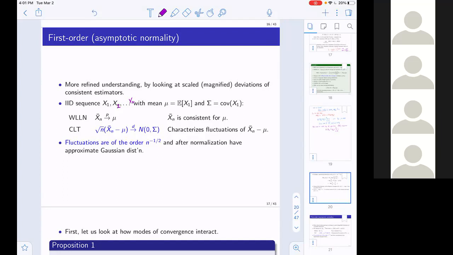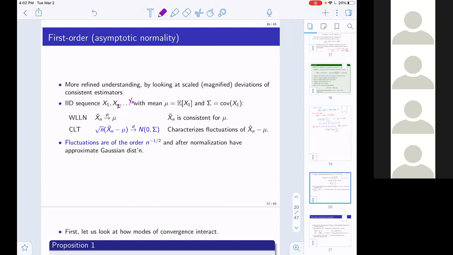What happens is that if you properly rescale the error, if you multiply by a small number, the result still goes to 0. If you multiply by a very big number, the result goes to infinity. If you multiply it by just the right number, the fluctuations stabilize in the sense that they neither go to 0 nor to infinity, but just fluctuate around 0. And this is the restatement of the CLT.